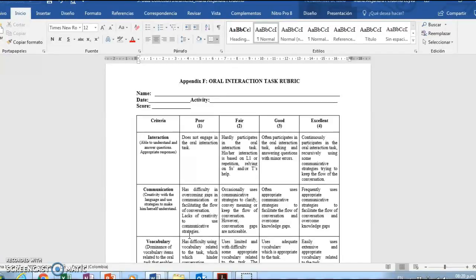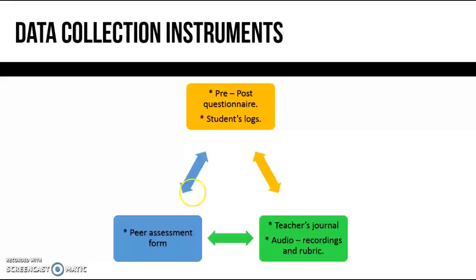Probably some patterns may come out, and we can gain more information that supports the results of the rubric, that supports which communicative strategies students are using that really promote the flow of those interactions, or the opposite way too.